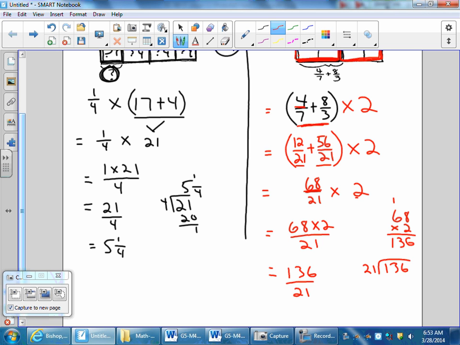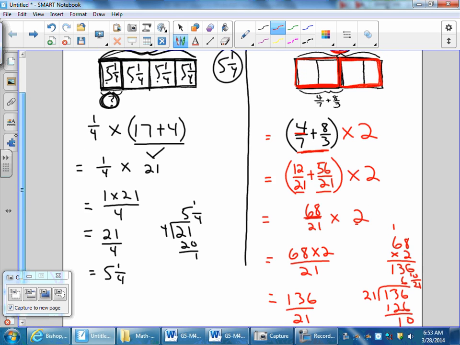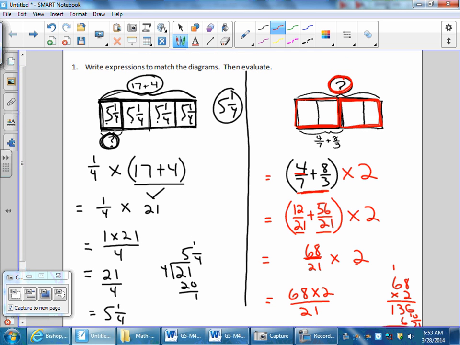It goes in 6 times with 10 left over. 6 and 10 21sts. The entire thing is 6 and 10 21sts.